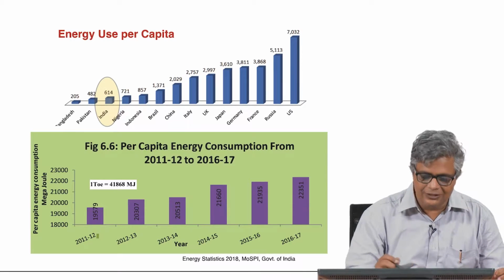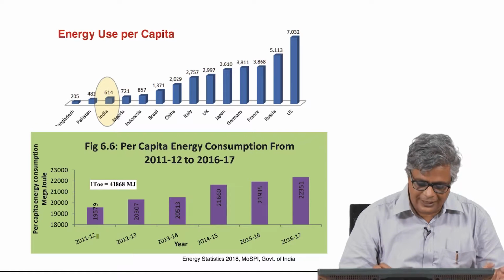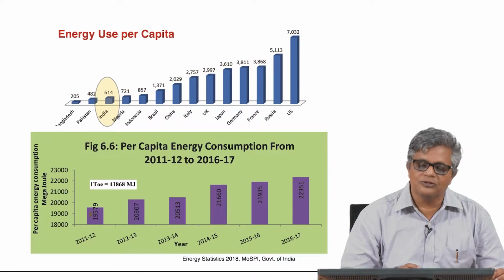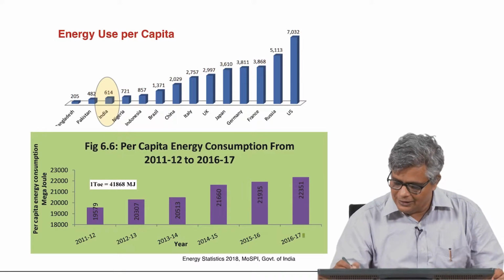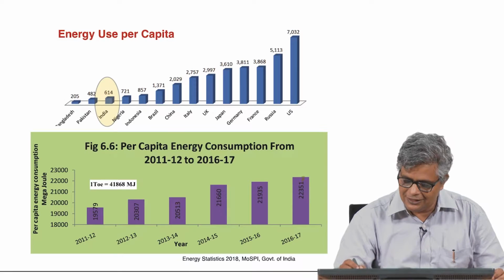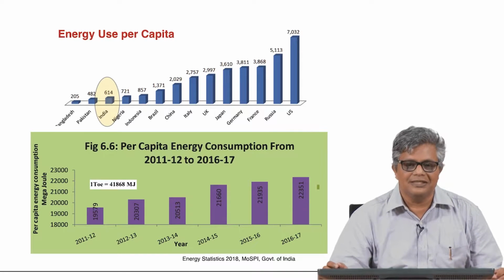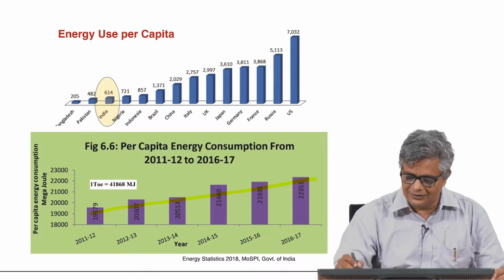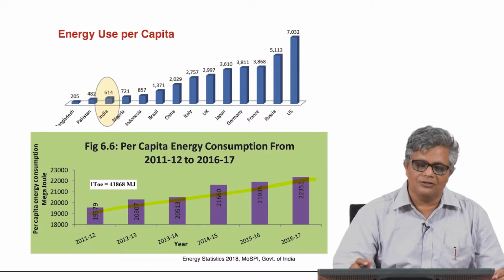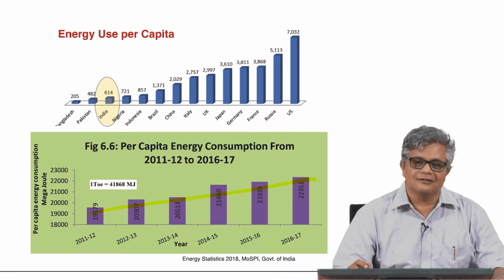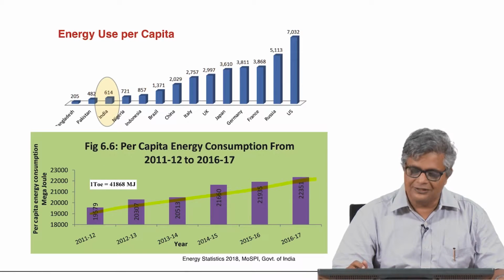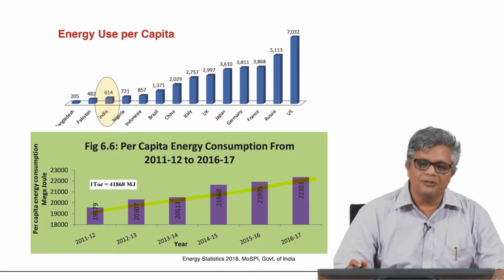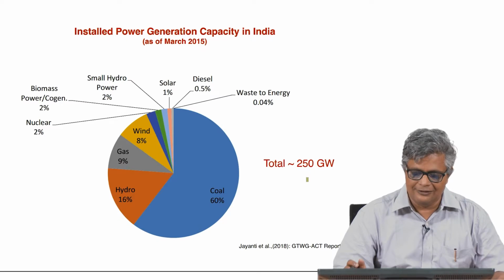You can see that in the 2011-12 financial year, it is about 20,000 megajoules, and in 2016-17 it has risen up to 22.3 megajoules. So, it has been going on at a fairly steady pace, and we also saw projections in the previous lecture that this trend is expected to continue because economic prosperity is strongly linked to energy consumption.